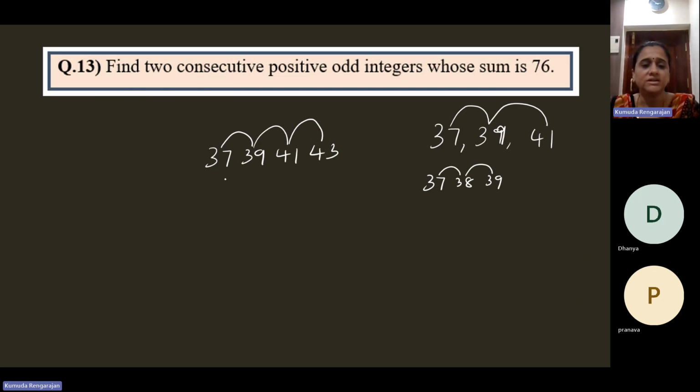So if you call 37 as x, from 37, how do you get 39? 37 plus 2. So x plus 2. And from 37, how will you get 41? 37 plus 4. x plus 4.